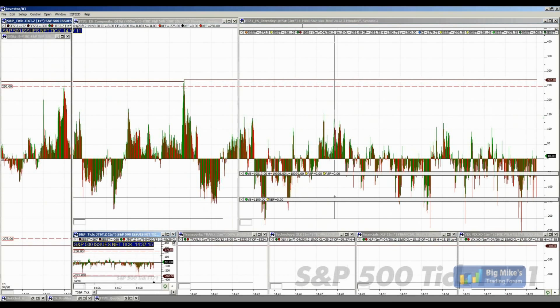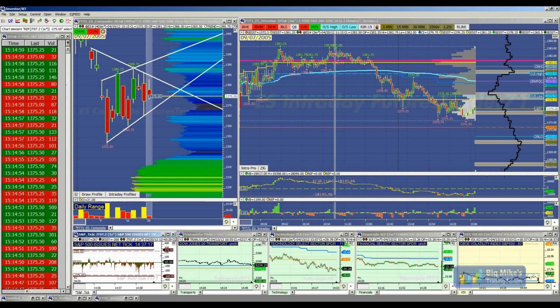I don't cue off of it. I don't initiate trades based on the tick or any underlying internal. What they are is trade support tools. My priorities are homework. Where am I looking to do business?